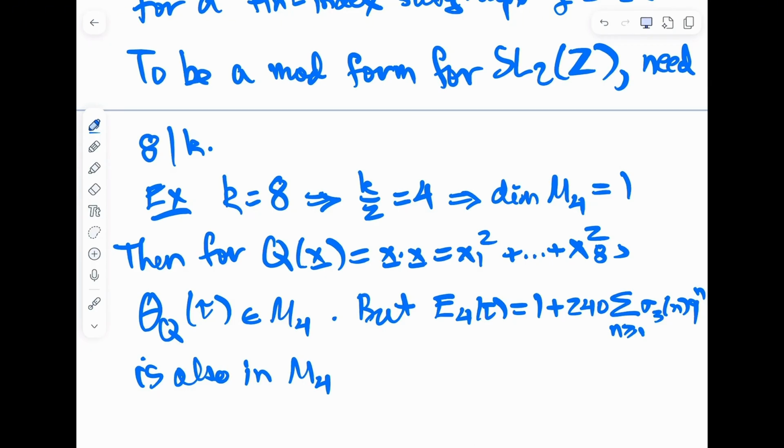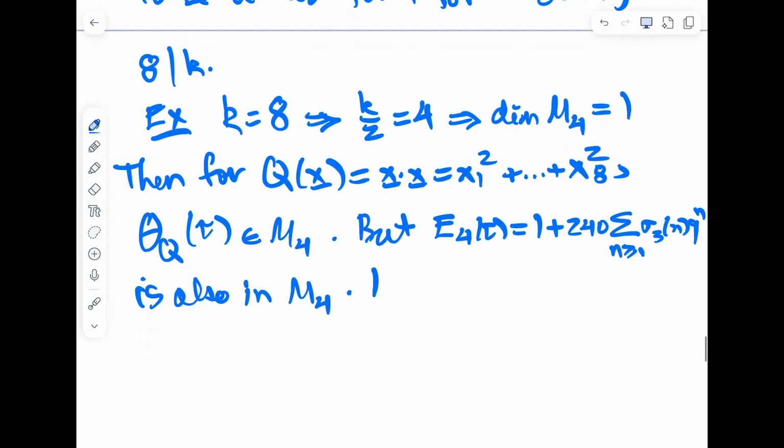The theta series has constant term 1, right? Because the only way to write 0, the constant term 0, as a value of the quadratic form is one way, with the 0 vector. So that has constant term 1. E4 has constant term 1. And thus, the theta series has to be E4.